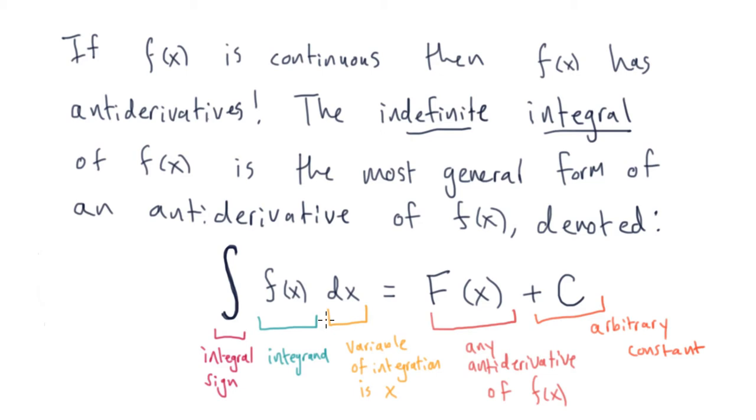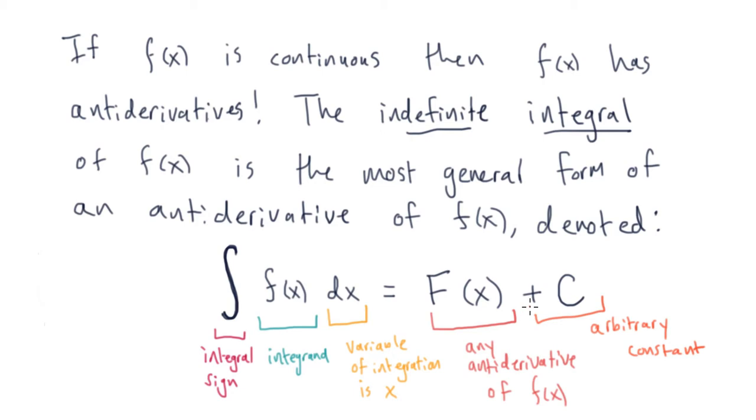Okay, and it's one of those things, just for now, just know when you see this integral sign with a function with a dx, all it means is find an antiderivative of this function and then put plus c. Literally write just plus c after the function.